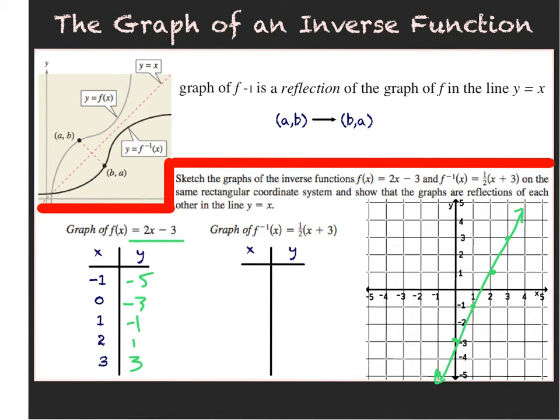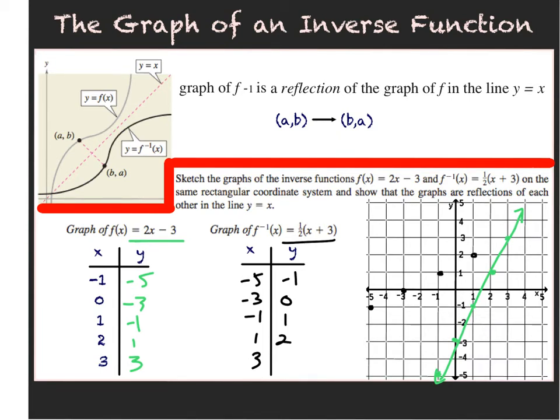However, if I need to graph this inverse, I'm going to say my x values are negative 5, negative 3, negative 1, 1, and 3. So if I substitute a negative 5 into this equation, what do I get? I get negative 1. If I substitute a negative 3, I end up with 0. If I substitute a negative 1, I end up with 1. If I substitute in 1, I end up with 2.